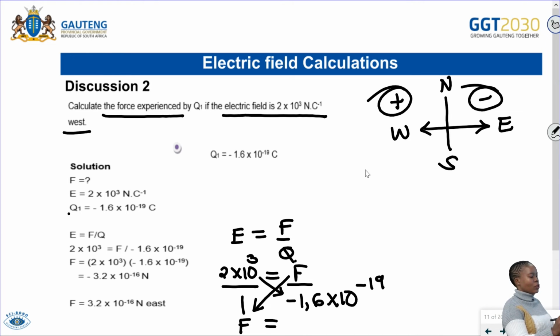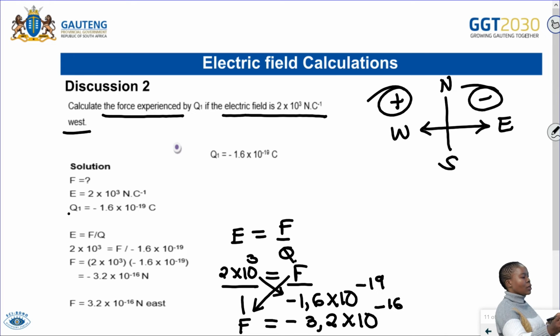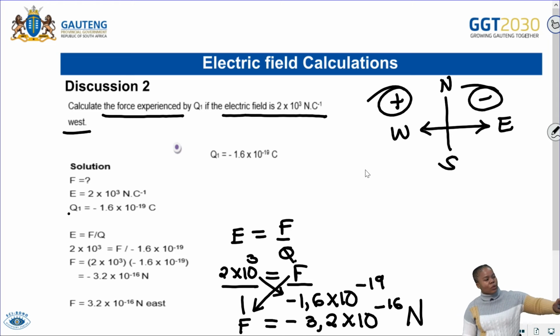This is therefore going to give you negative 3,2 times 10 to the power of negative 16. Because now it is a force, it has to be in newton. Okay, so just to explain this part, what we did was cross multiplication.